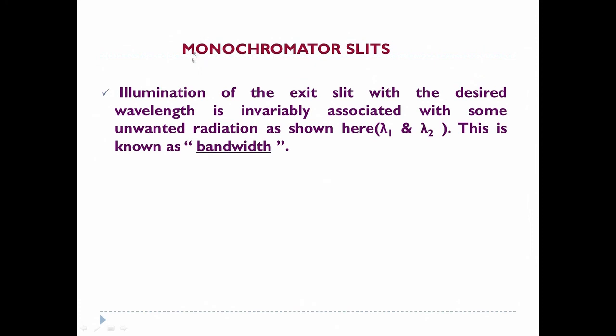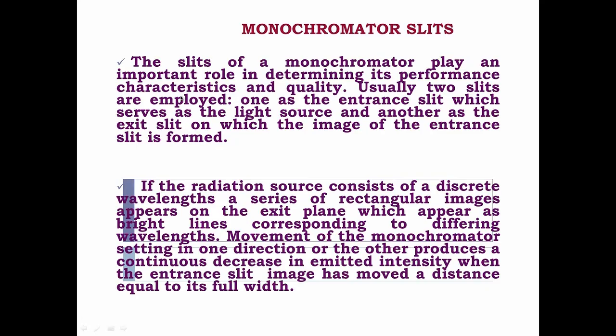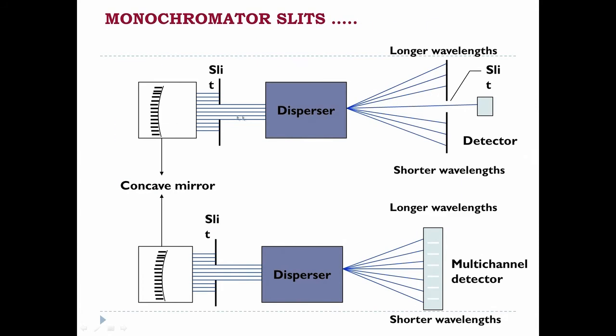It is not a single wavelength, even though most of the radiation is parallel. What comes out is a pure wavelength in the center, but also a little bit of other radiation corresponding to different wavelengths. So, this is a practical difficulty whenever we are talking of monochromator slits and monochromator designs.